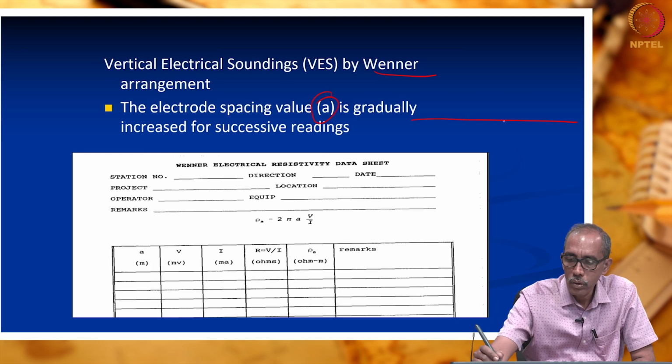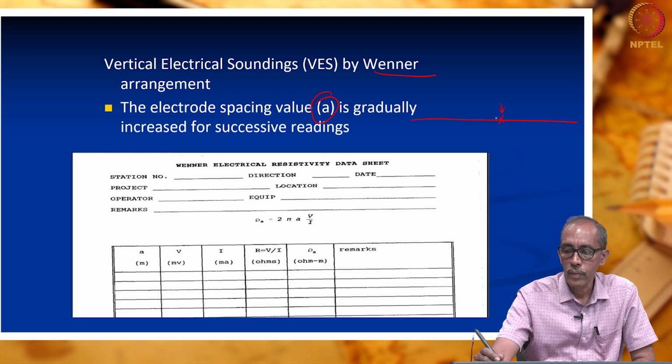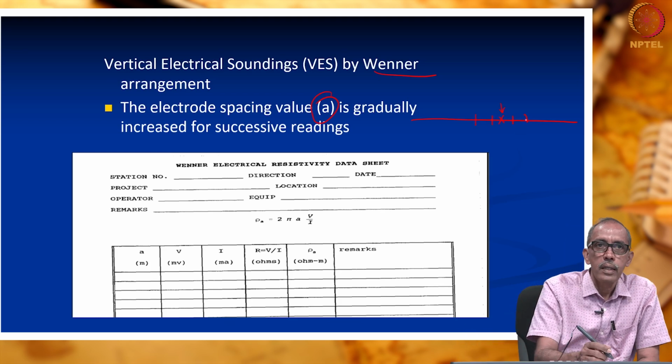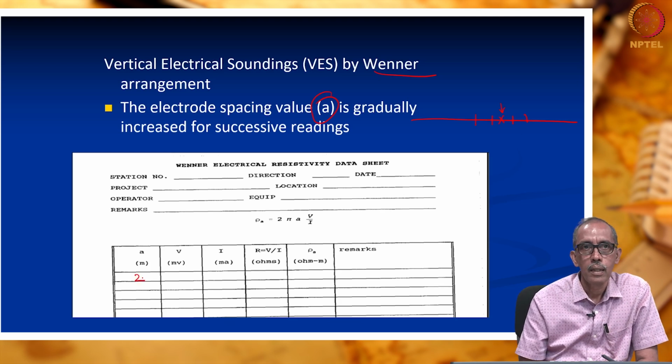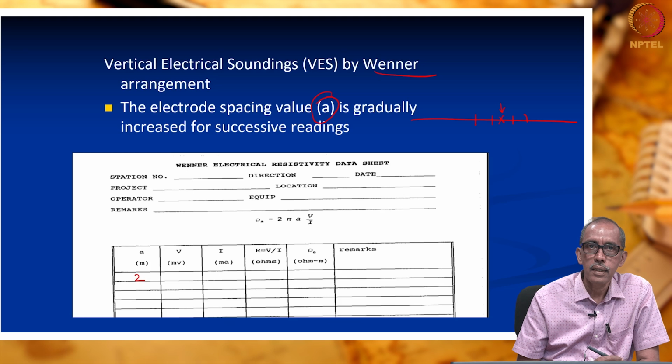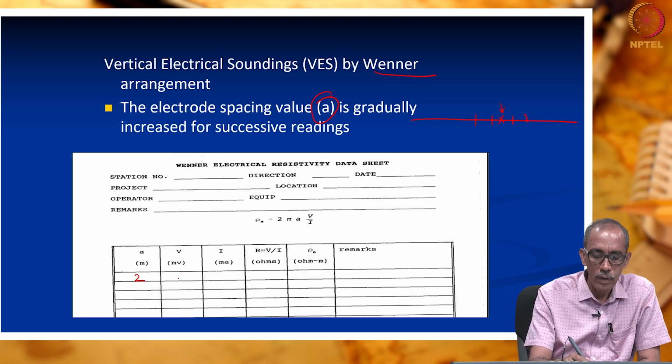How are we going to do it? This is the area we need to investigate. This is our station. If you are using Wenner method, first I would have arranged the electrodes like this. What is the A value for this? A value for this may be 2 meters, right? When I arranged it at 2 meters, I note down the V value and I value.